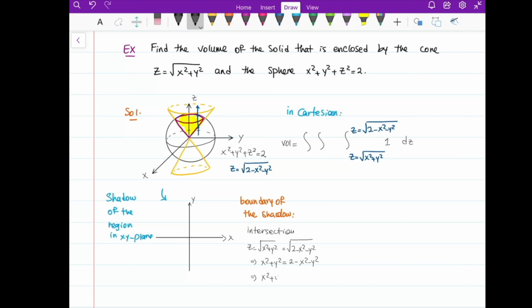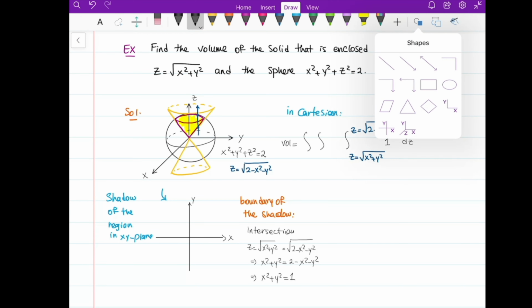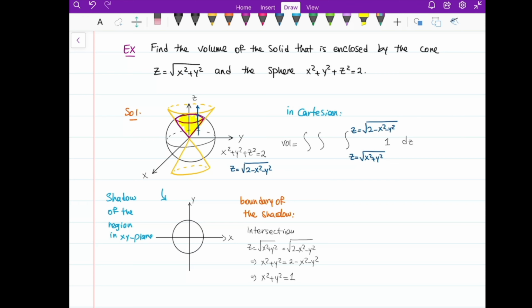So I get x squared plus y squared equals 1. I skipped just one step. And that's the equation of the intersection, this is the boundary, and inside this disk would be the region R, right? That's the region R.